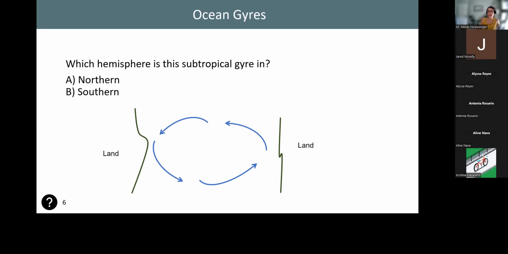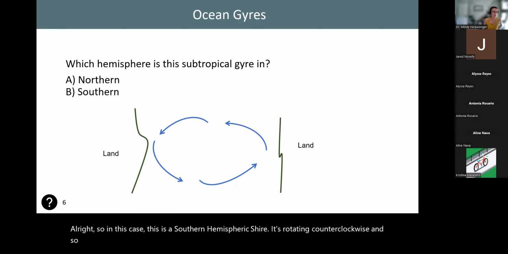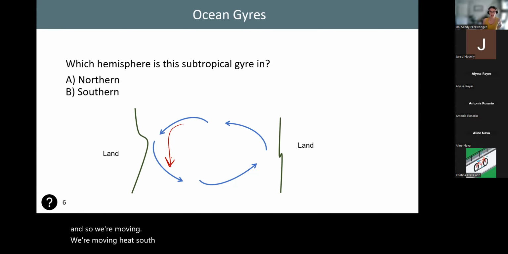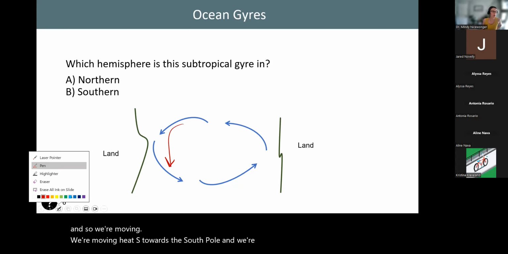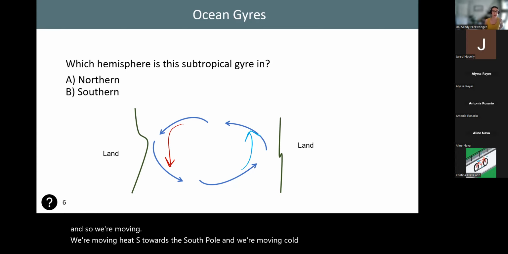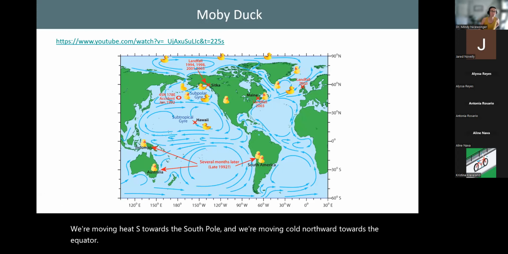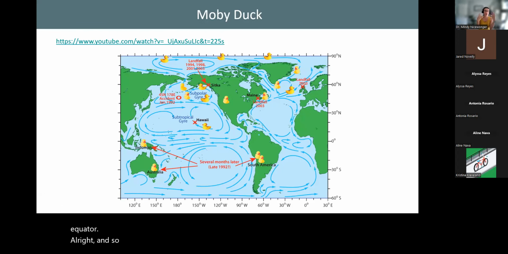All right, so in this case, this is a southern hemispheric gyre. It's rotating counterclockwise. And so we're moving heat south towards the South Pole, and we're moving cold northward towards the equator.